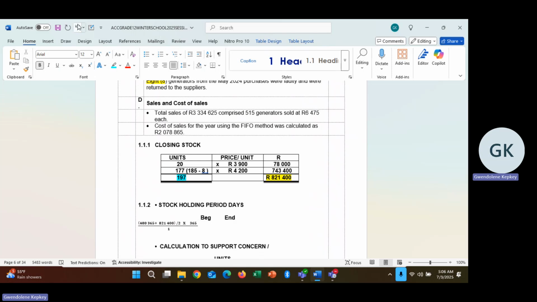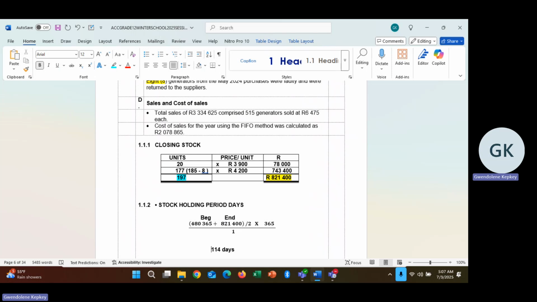If I do that calculation, grade 12s, I come to 114 days that the stock will be on the shelves. So that is the stock holding period.